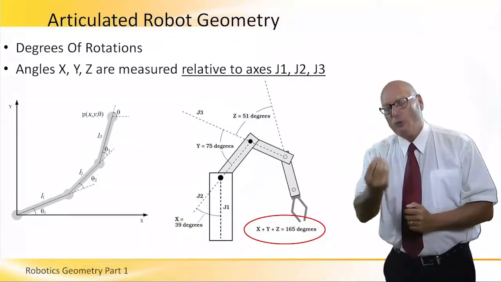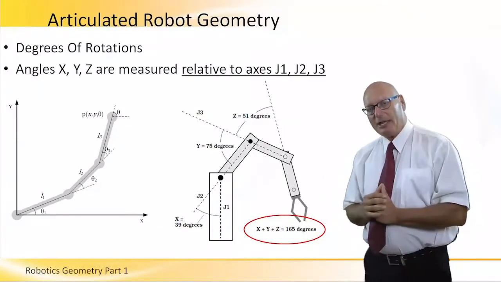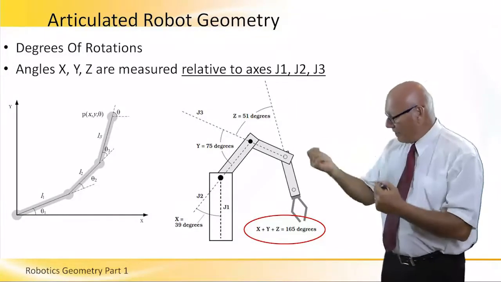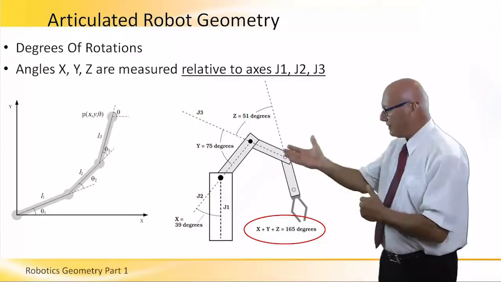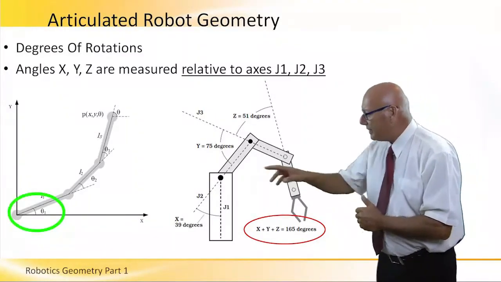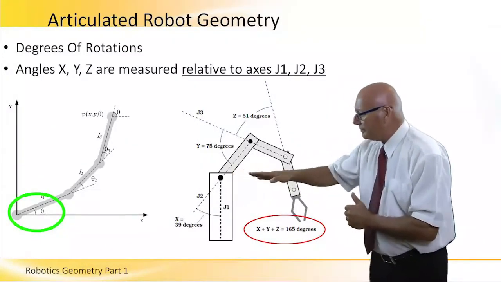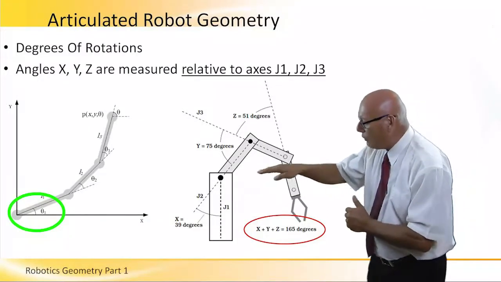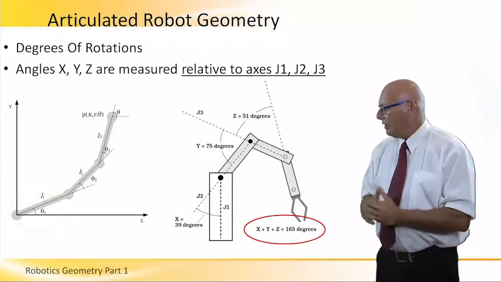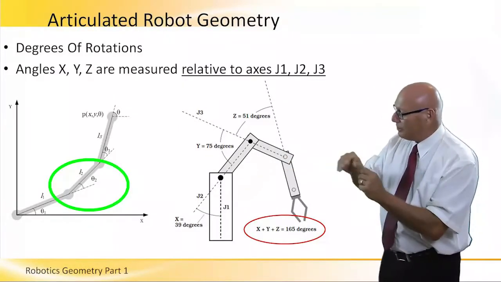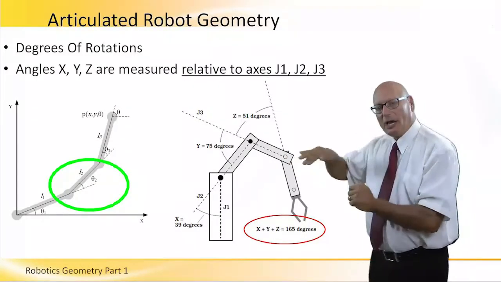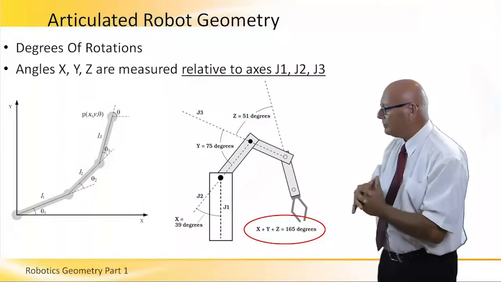And the way we express the angles is relative to axis J1, J2, J3, and we can see quite clearly that theta 1 is the angle between J1 and the x-axis, and theta number 2 is the angle between J1 and J2.